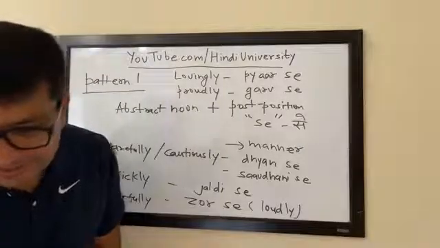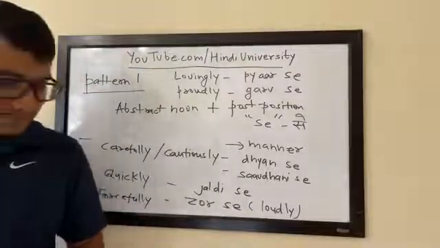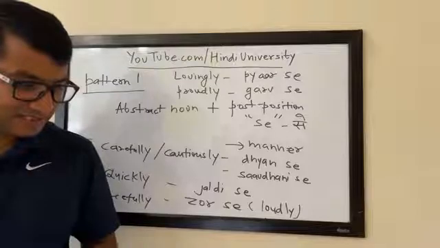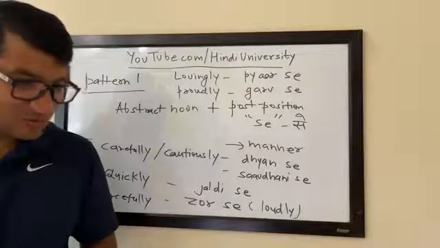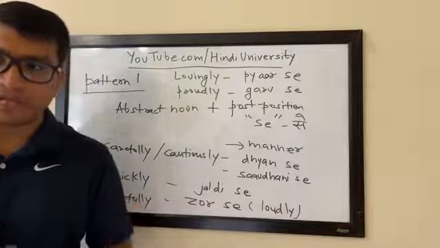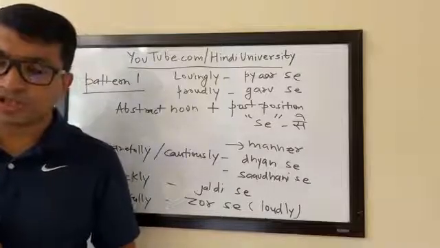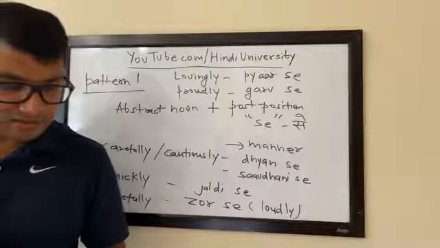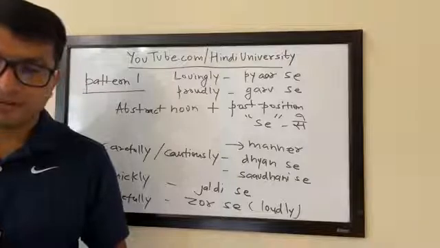Anyone else? May I try? Yeah, please. So the regular sentence is मैं सड़क पर दौड़ती हूँ. Let me repeat it so that everyone can hear it. मैं सड़क पर दौड़ती हूँ, which is I run on the street.